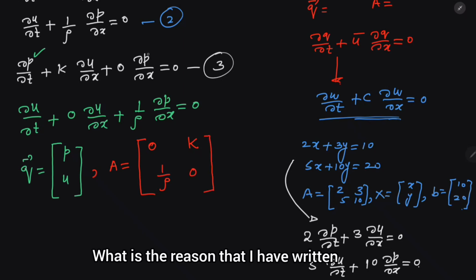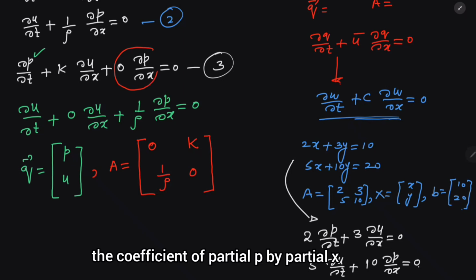What is the reason that I have written the coefficient of partial p by partial x, which is 0, over here first?